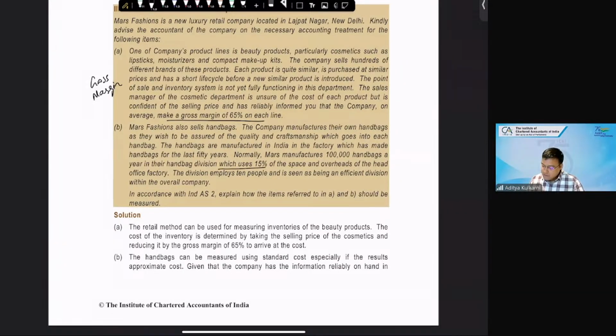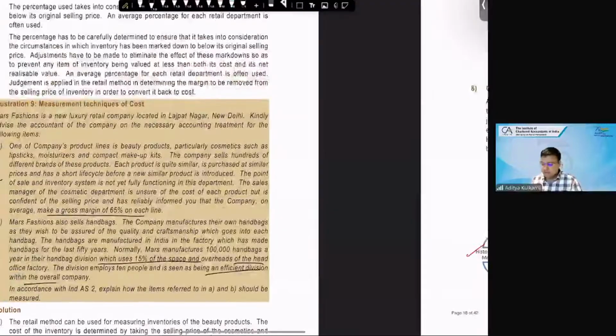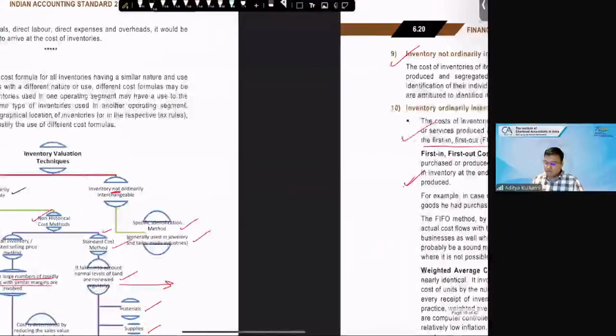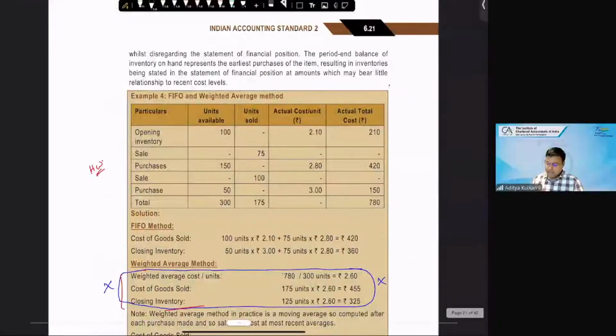A standard cost is there, using 15% of space overheads, and they have been manufactured for the last 50 years, seen as an efficient division. So you can follow the standard cost method here. Just note this down, there are no numbers involved. So you can go through that. Okay. So that is done.